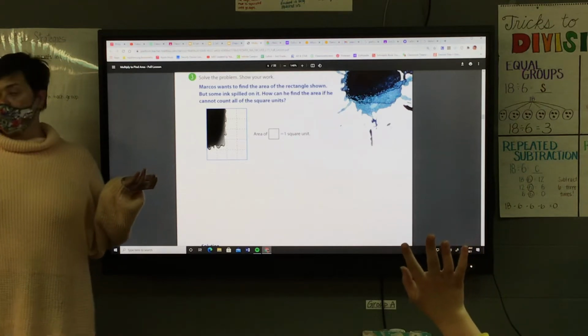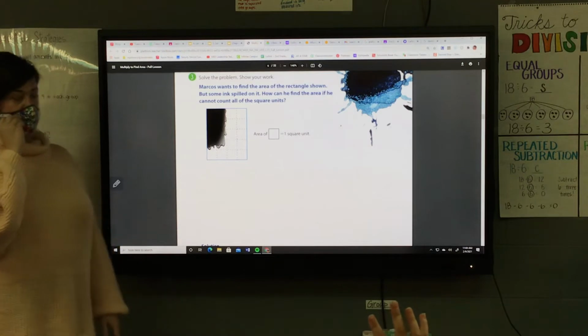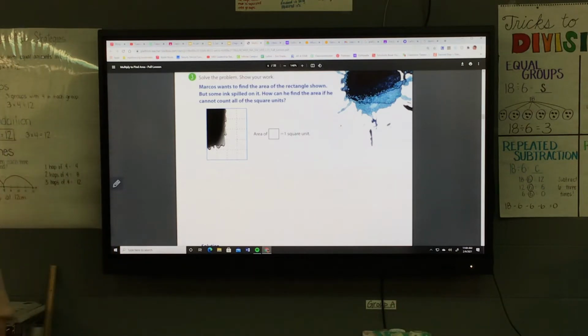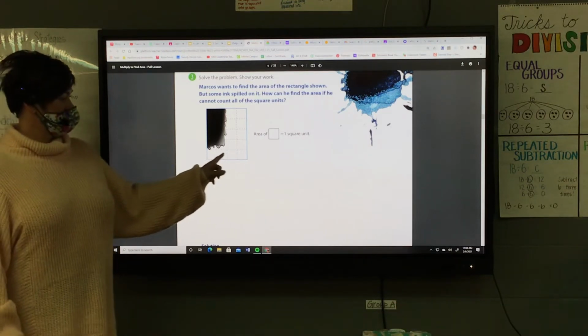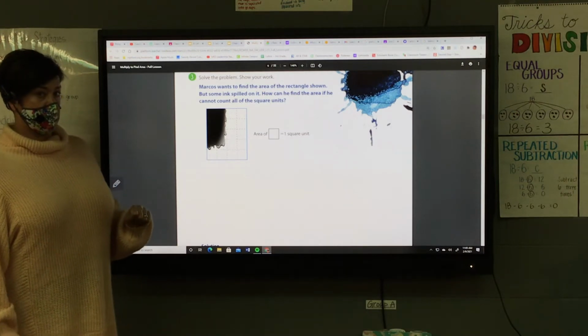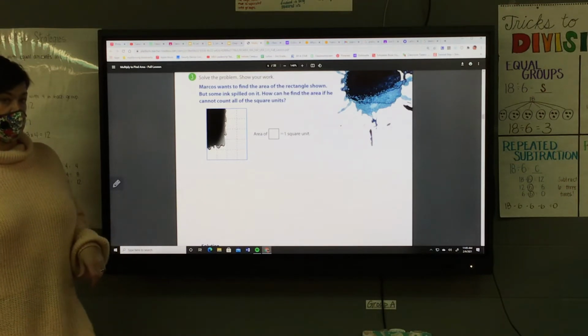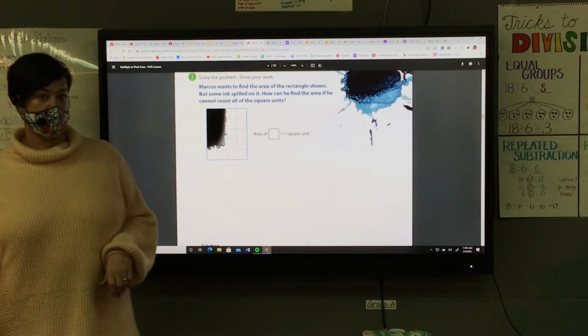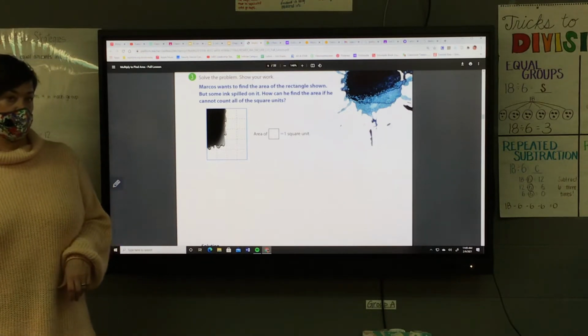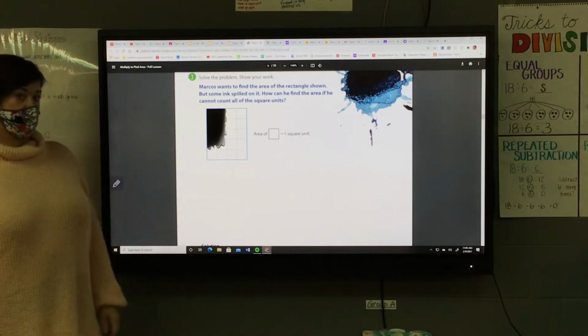What were you thinking, Jenny? I was thinking that you could look at the bottom, count how many they are, and then they would have the same amount of rows, and then look at the columns on whichever side. You might want to do your left side, and you can find out how many there are in each row.